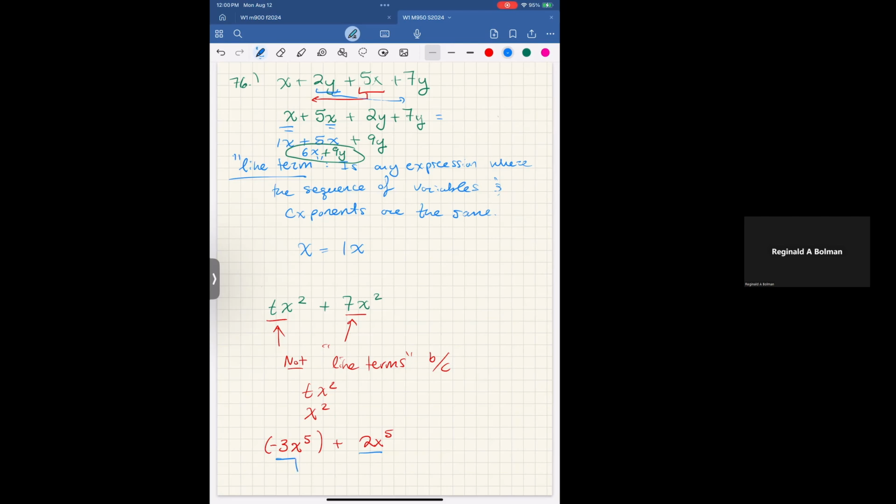But the only thing that really matters when you're identifying like terms is whether the variables themselves are the same sequence of variables, but then also whether those variables are raised to the same power or exponent. So in this case, you've got an x to the fifth and another x to the fifth. So you've got negative 3x to the fifth plus 2x to the fifth. Well, negative 3 plus 2 is negative 1. So this will be negative 1x to the fifth. Okay.